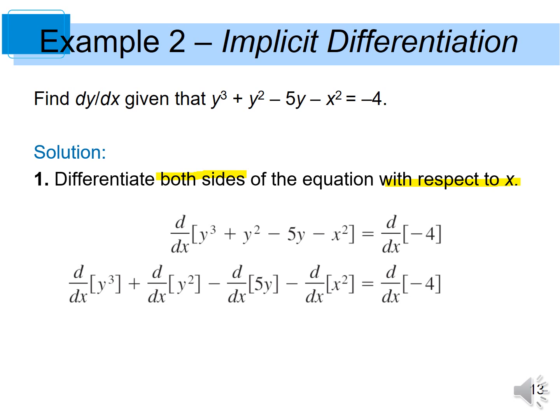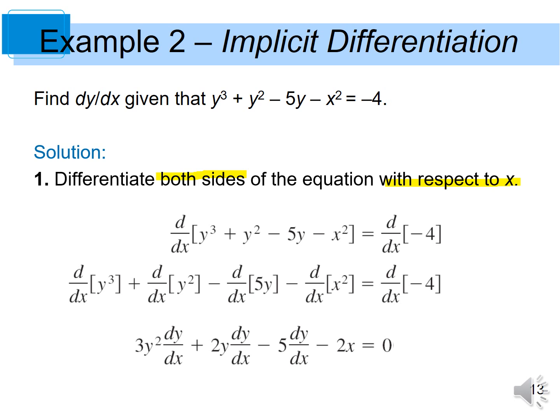Look at the chain rule here. For the first term, we differentiate the y cubed with respect to x, so we apply the chain rule. We differentiate the y cubed with respect to y times dy dx, and differentiate the y squared with respect to y times dy dx.